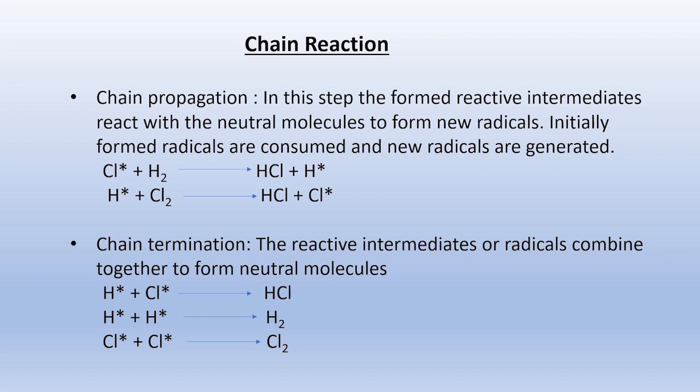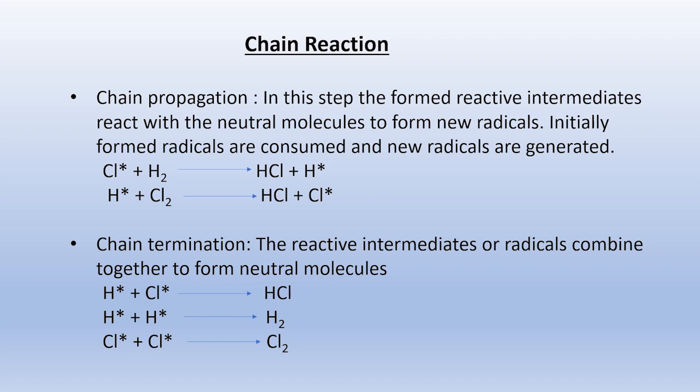The second step is called chain propagation. That means the free radical will initiate the reaction and the chain will propagate. The formed reactive intermediates react with neutral molecules to form new radicals. So the initially formed radicals are consumed and new radicals are generated.